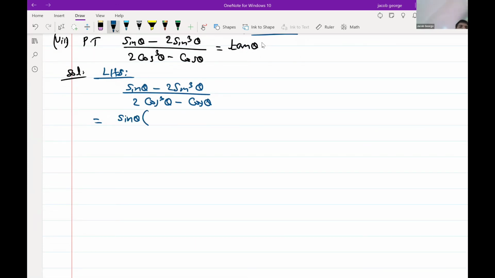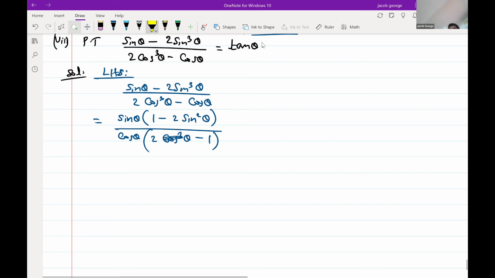So this will be sin theta into 1 minus 2 sin square theta upon cos theta into 2 cos square theta minus 1.